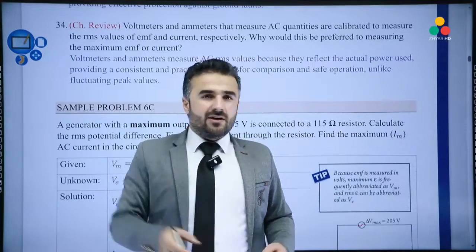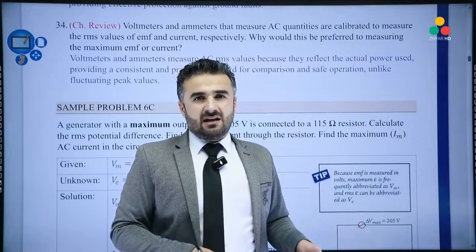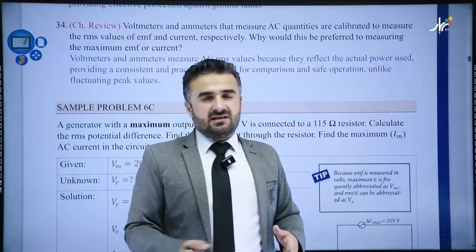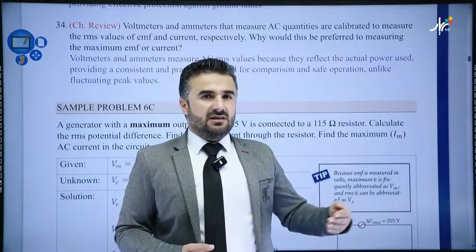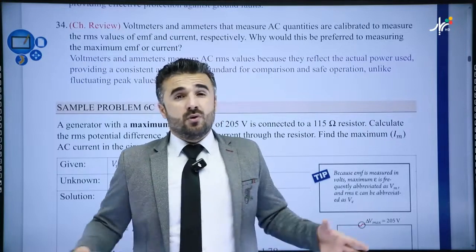If it is an alternating current, this is not going to show us 10 amperes. Perhaps in a second it might show you positive 50 and then negative 50, and all that. So we don't want that.